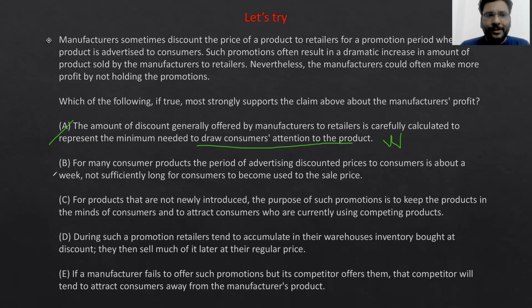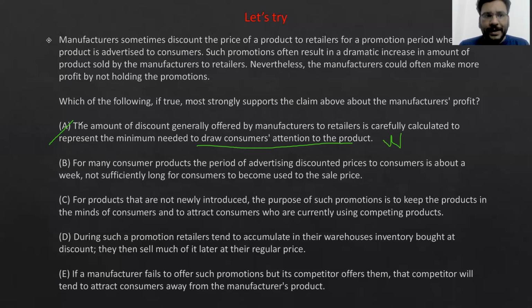Option B says, for many consumer products, the period of advertising discounted price to consumers is about a week, not sufficiently long for consumers to become used to the sale price. Now, this also suggests that the promotion period is not long enough for the consumer to get used to the sale price.